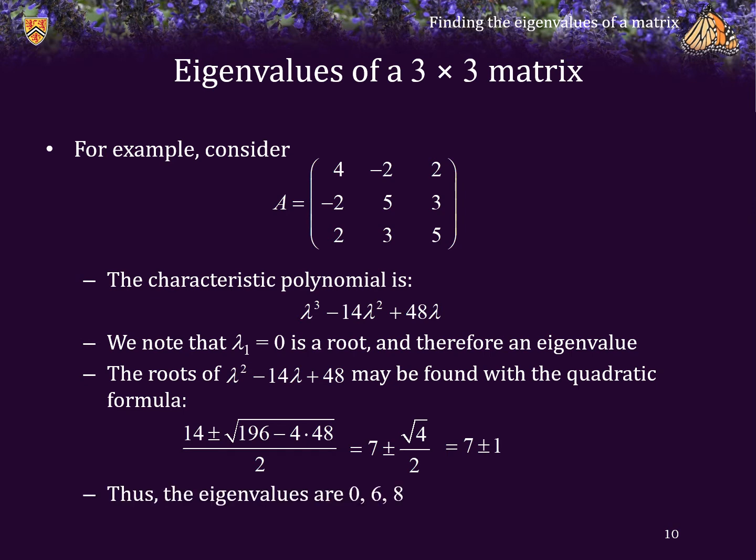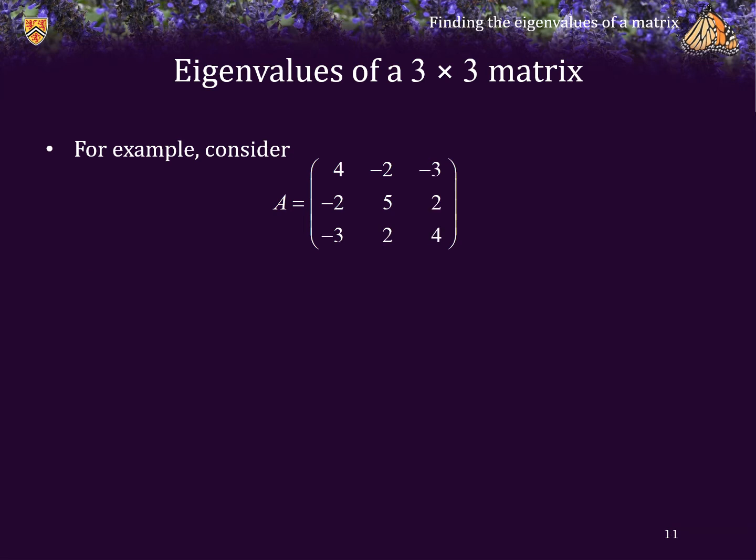Therefore, the eigenvalues of this matrix are 0, 6, and 8. And because it's a symmetric matrix, the eigenvectors corresponding to these three eigenvalues must be orthogonal.